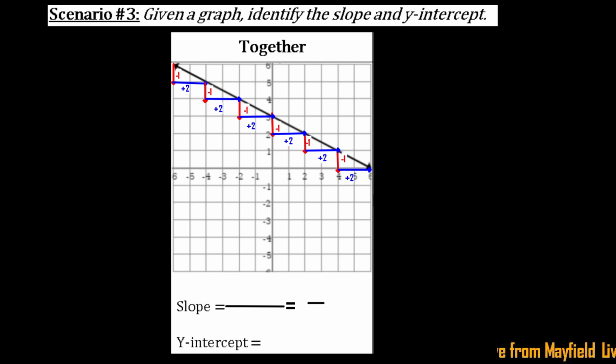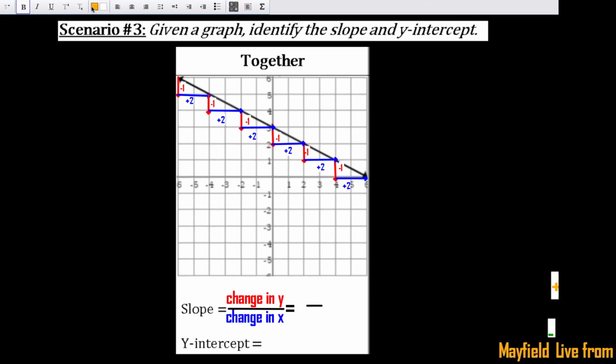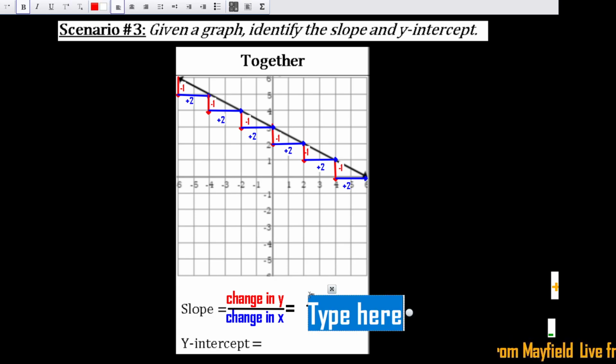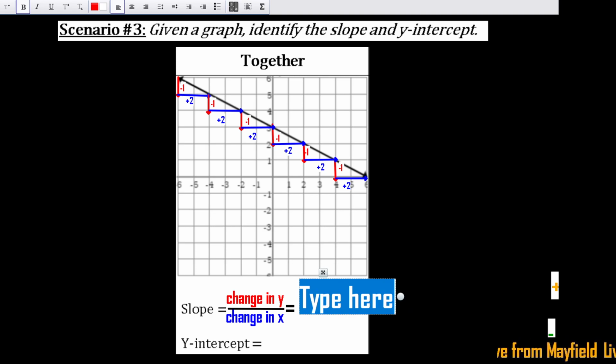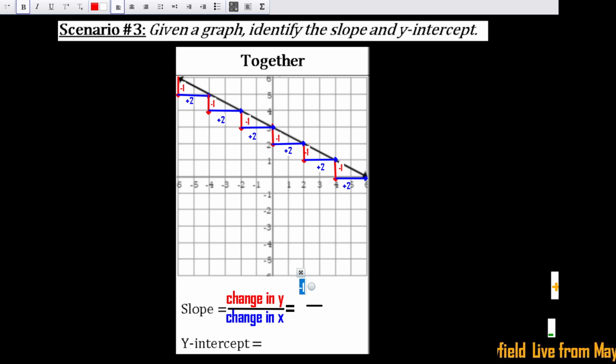So what does that mean? Well, that very simply means this. It's saying that my change, or my slope for this function, is the change in y over the change in x. And so I can say, all right, well, what is that amount? We said it's going to be a -1, and it's going to be over a +2.